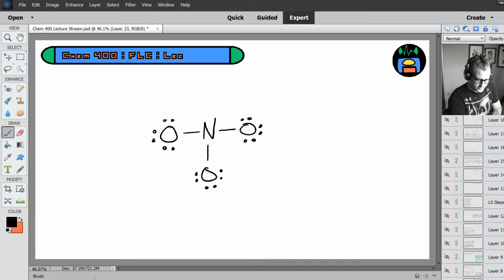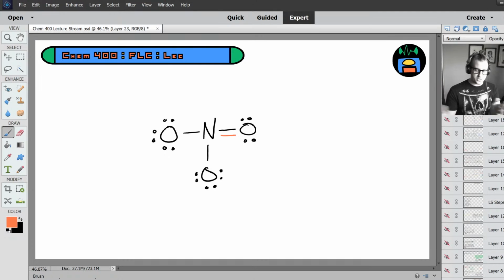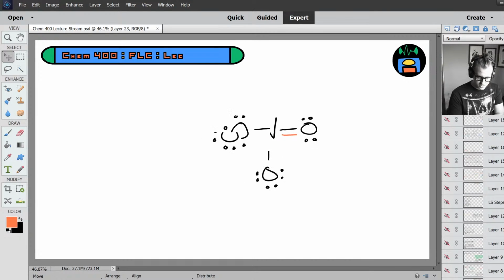We needed to fill nitrogen's octet. And we did that by removing 2 electrons from one of our oxygens and using them to make a double bond. And I did that with the one on the right-hand side, the rightmost oxygen.